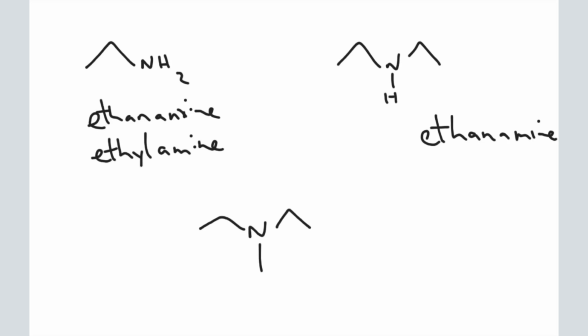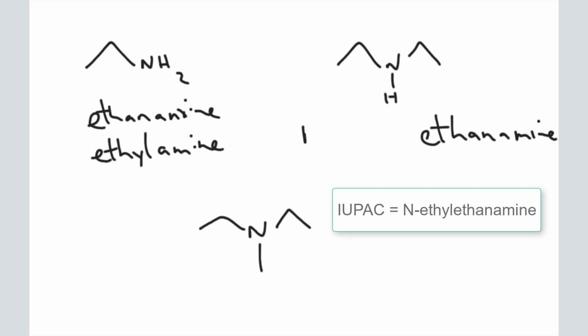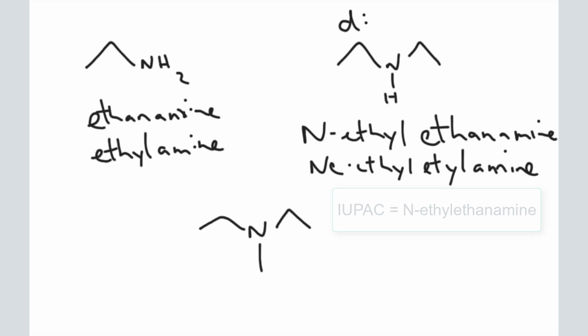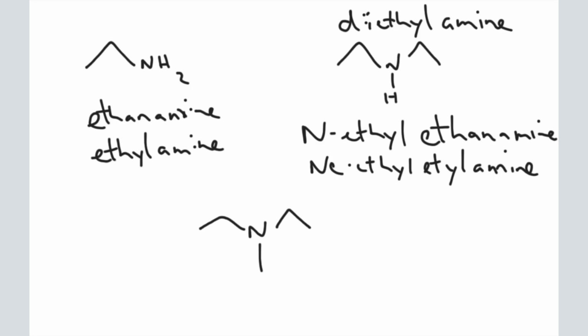However, in the N position we have another ethyl group. So this is an N-ethyl ethanamine. This is also an N-ethyl ethylamine. And in industry, you'll just typically see this called diethylamine. And the assumption then is that the last substituent is a hydrogen.